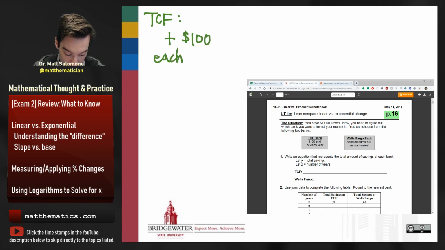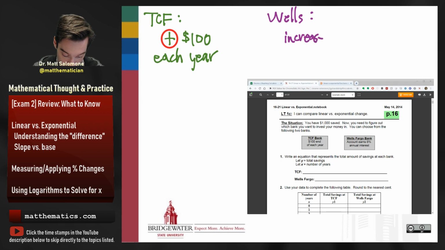And the most important piece of information right there is not the amount, not the number 100, but rather the fact that that $100 is being added to our account every single year. Because that is being contrasted with the Wells Fargo account in this project, which increases by 6% each year.